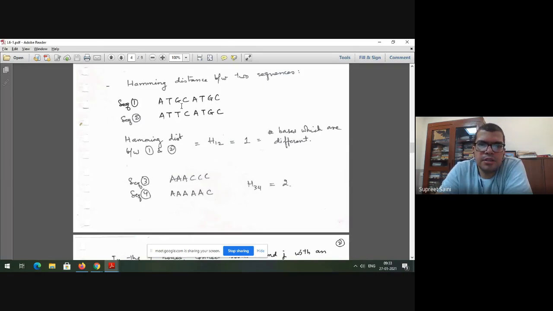Hamming distance is just defined as the number of places where these two sequences of the same length have a different nucleotide at a particular position. So Hamming distance is a number.